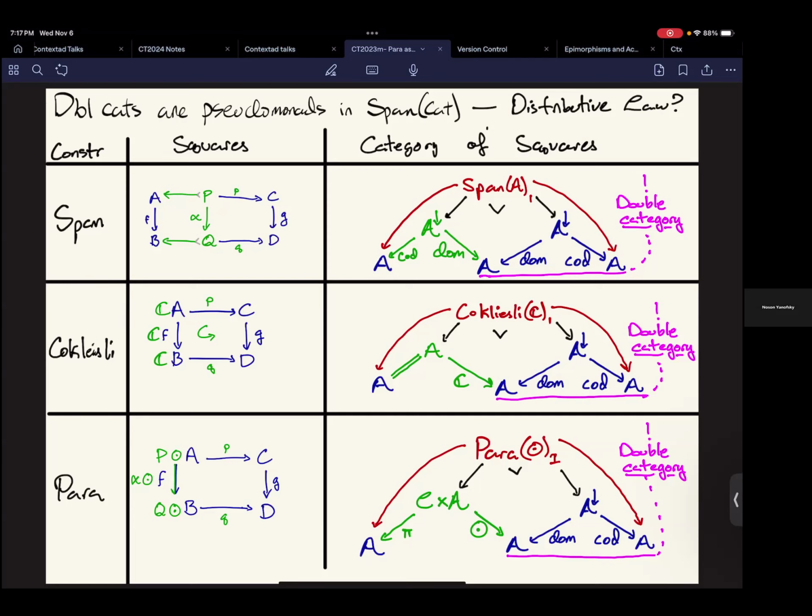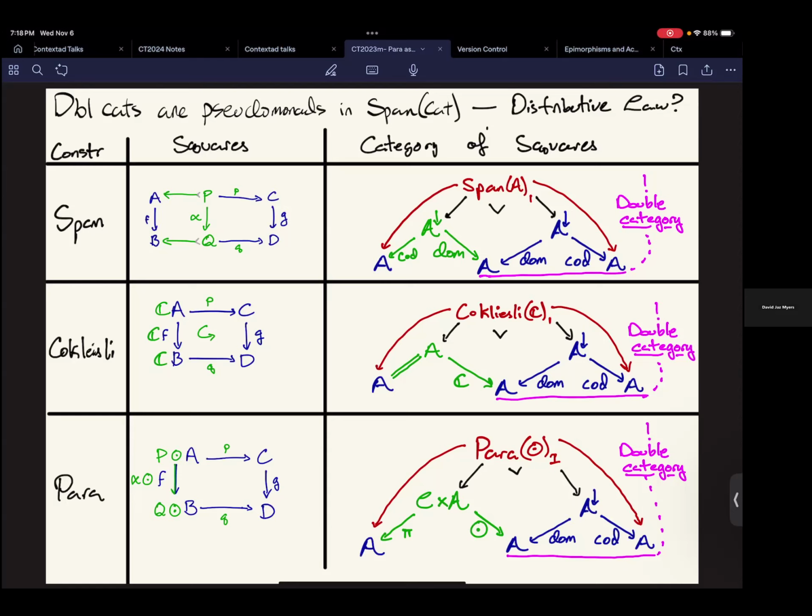For the co-Kleisli category, similarly, a co-Kleisli morphism is a map whose domain is in the image of the comonad. That's this pullback as presented in the middle. For the Para construction, again, we get a map whose domain is in the image of the monoidal action.